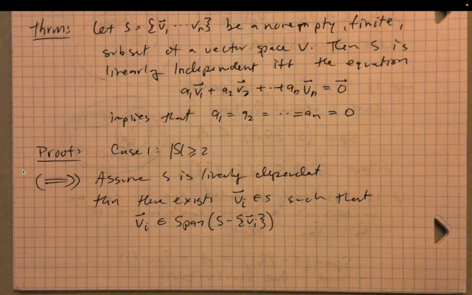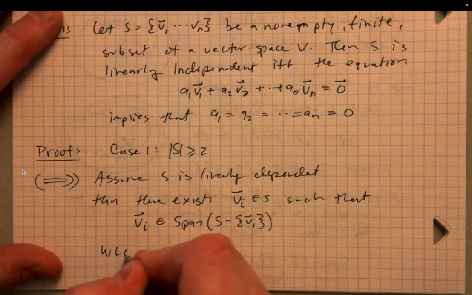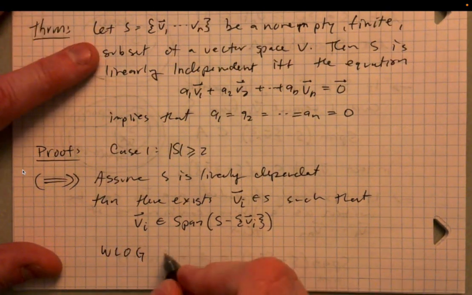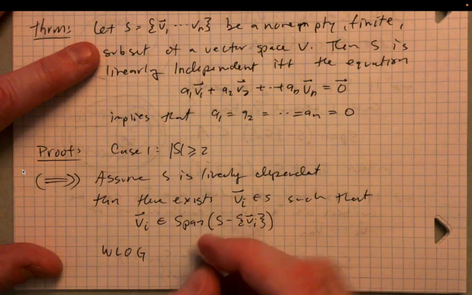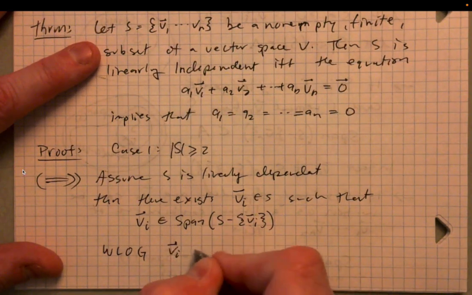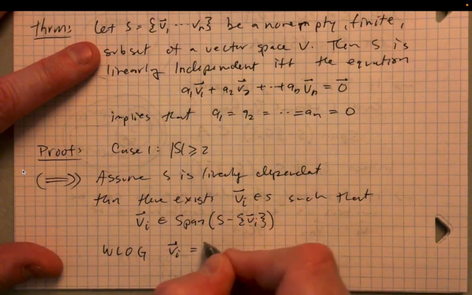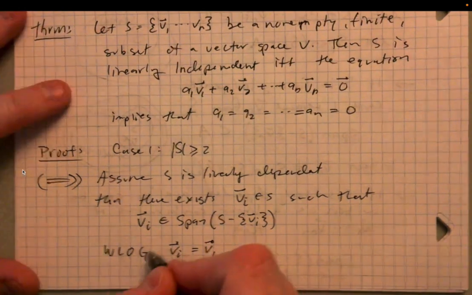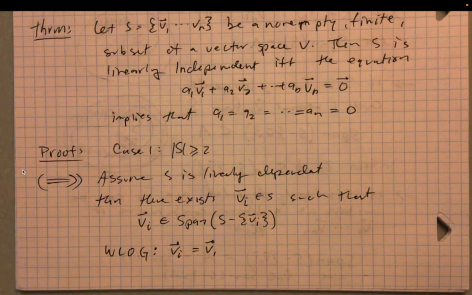Now, without loss of generality, let's just write vi as v1. Let this hypothetical vector be the first vector that we'll write in the linear combination. That's not an important point. You can make it the 3rd or the 10th or whatever.